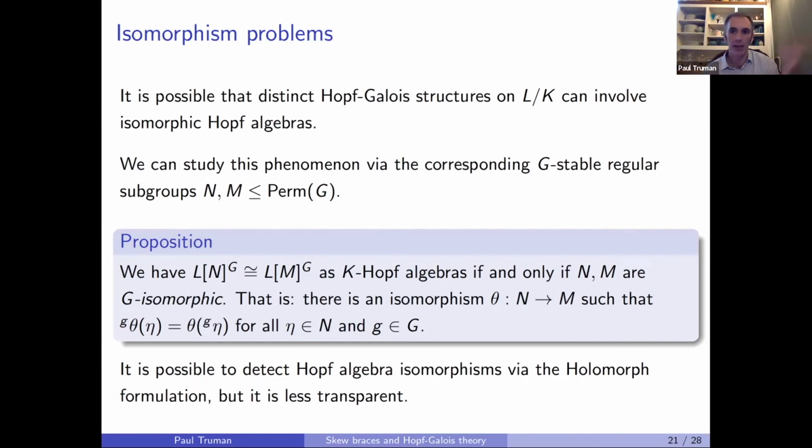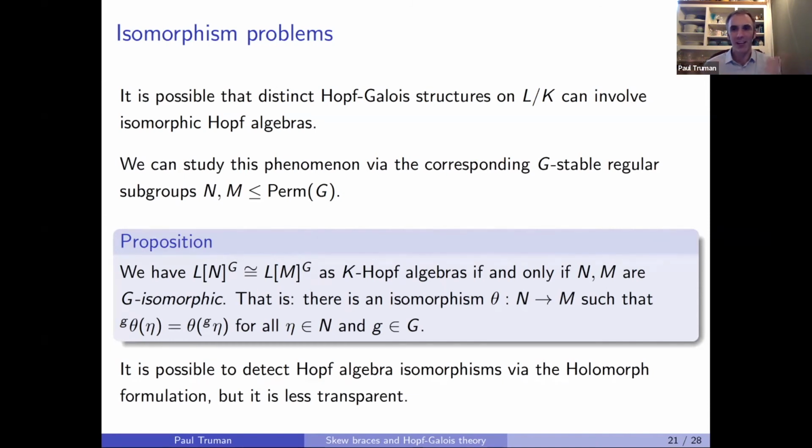So a G-equivariant isomorphism. And it certainly is possible to translate this criterion across to the holomorph kind of formulation. My feeling on working with Alan on this, our feeling has been that it's a little bit less transparent to detect these Hopf algebra isomorphisms on the holomorph side.